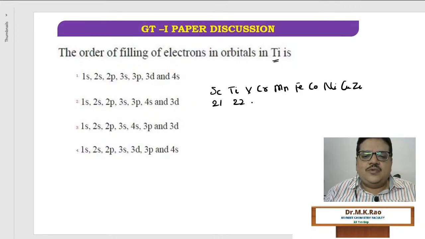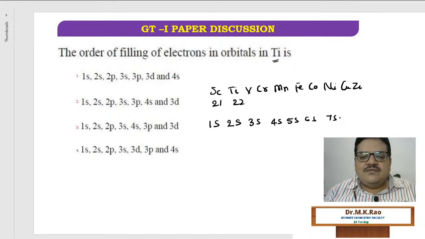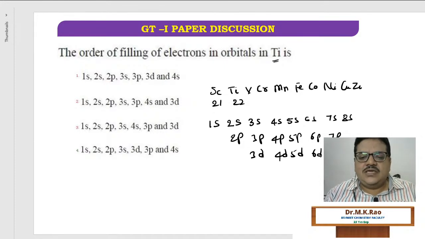21, 22. So for electron filling, you follow this principle: 1s, 2s, 3s, 4s, 5s, 6s, 7s, 8s, then 2p, 3p, 4p, 5p, 6p, 7p, 3d, 4d, 5d, 6d, 4f and 5f.